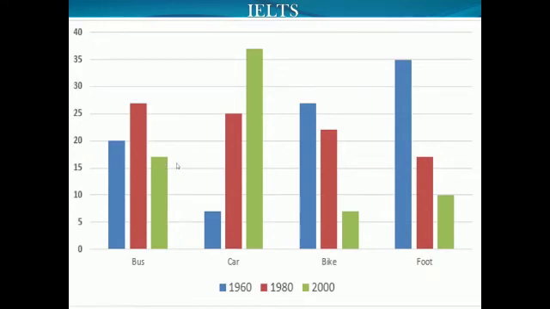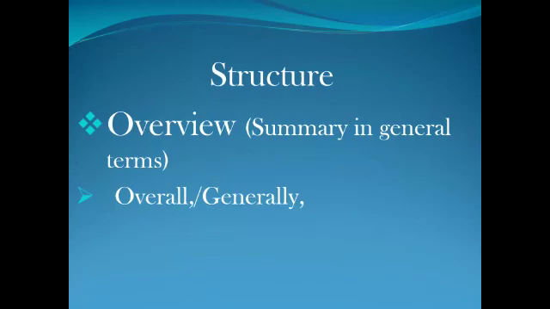So that's a fluctuation. You think about car, you are seeing an increase in usage. For bike, there's a decline. The same thing happens to foot.